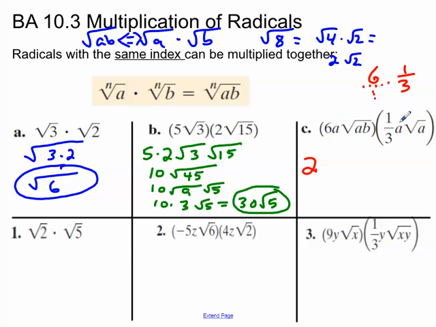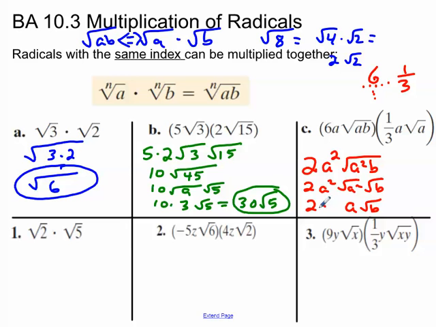A times a outside the house is a squared. The square root of ab times the square root of a is the square root of a squared b. Rats, this a squared needs to be simplified. I've got 2a squared still outside the house, and inside, the square root of a squared times the square root of b. The square root of a squared is a, and all this other stuff can't be simplified.